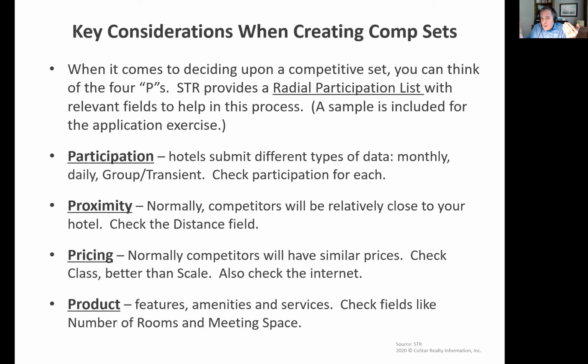When you're setting up a comp set, we can't tell you the price level, any ADR information about your competitors. That's obviously confidential. But what we can do is we can tell you the scale that they're in, and in the case of independent hotels, the class that they're in. So that gets you in the neighborhood, and that's good for a draft. And we'll talk about that and show you that in action.